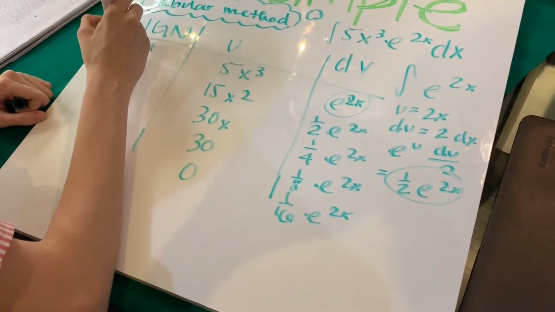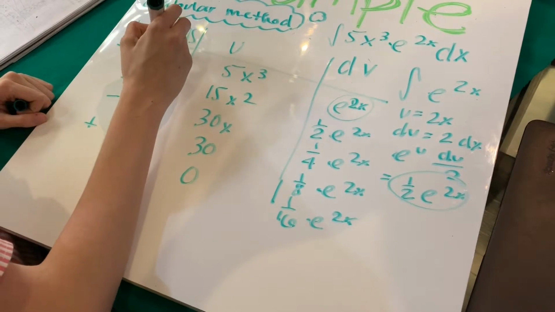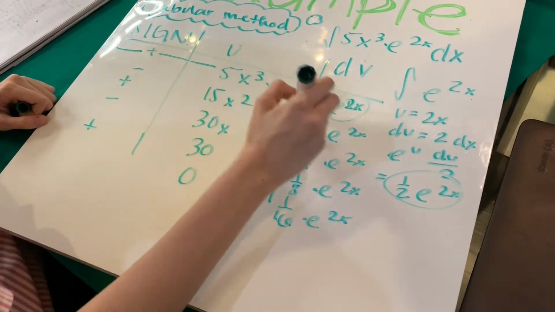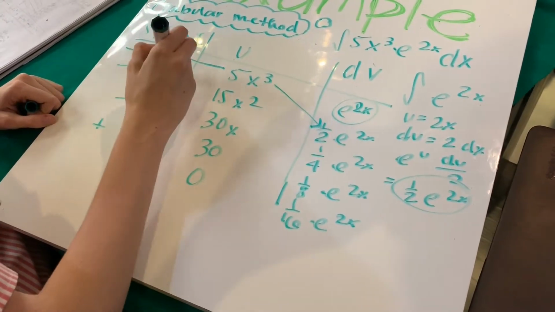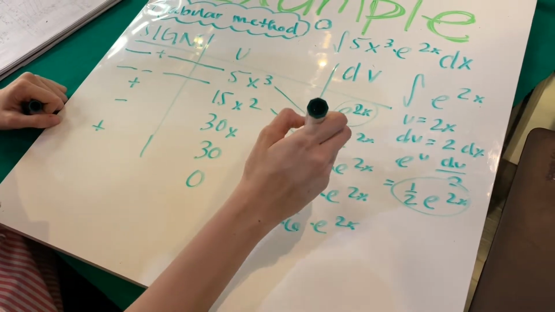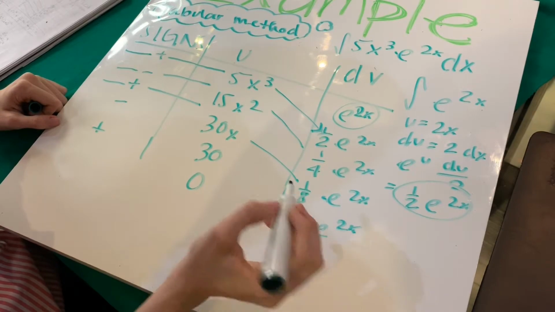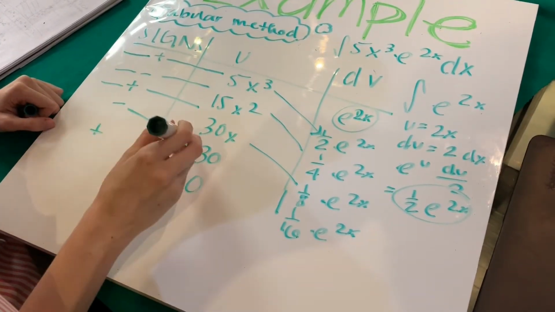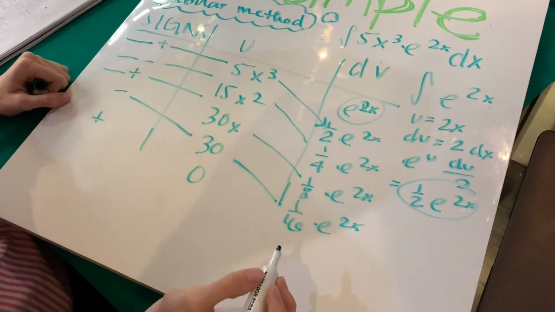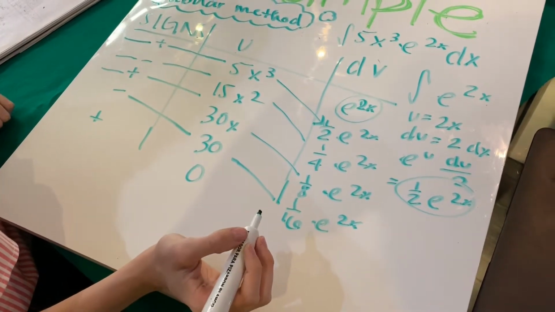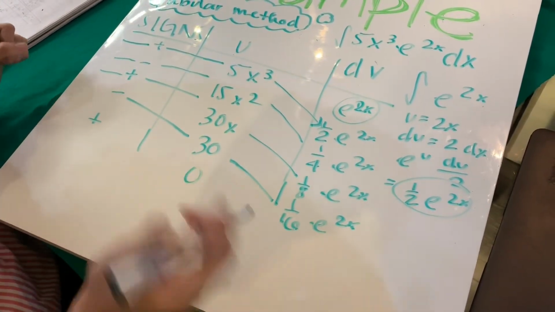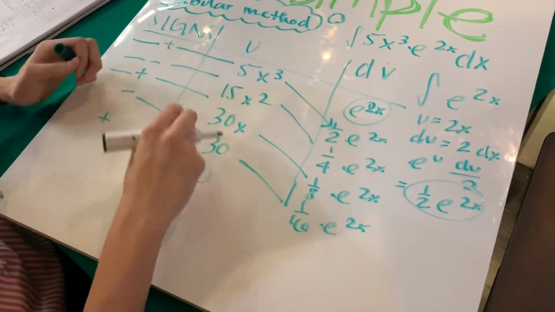Then what we do is go across and down. You might be wondering why, but that's just the formula. Okay, and we don't include the 0 because it's, well, 0.